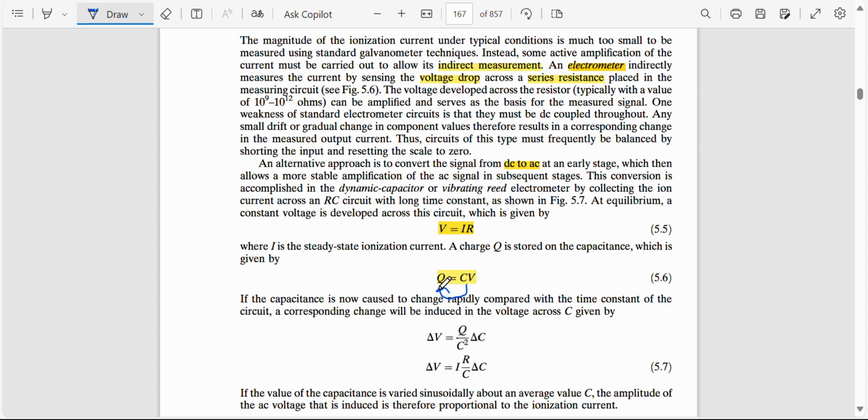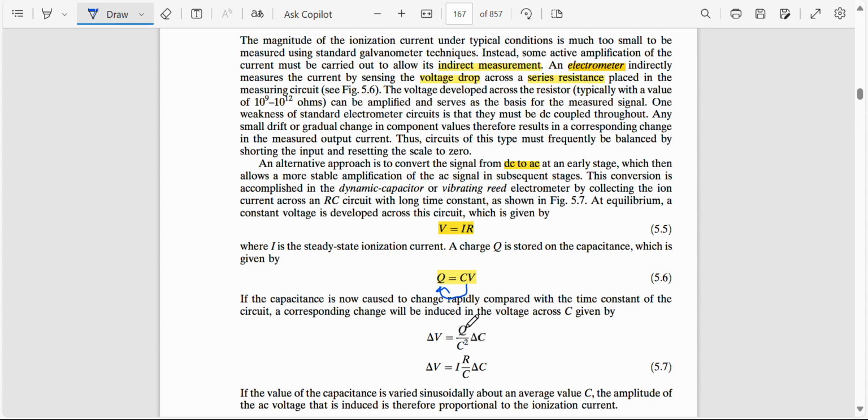So your V becomes equal to Q by C, and you multiply the whole expression by delta C by C. So it becomes Q delta C divided by C squared. Now put the value of Q, which is equal to CV.